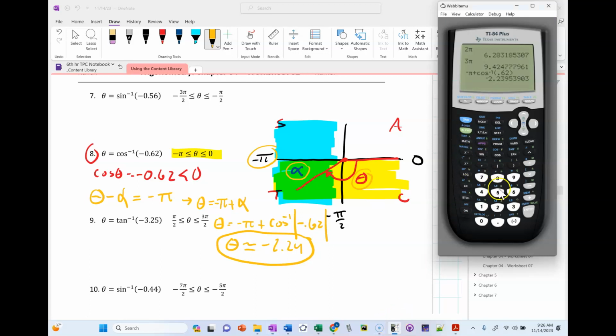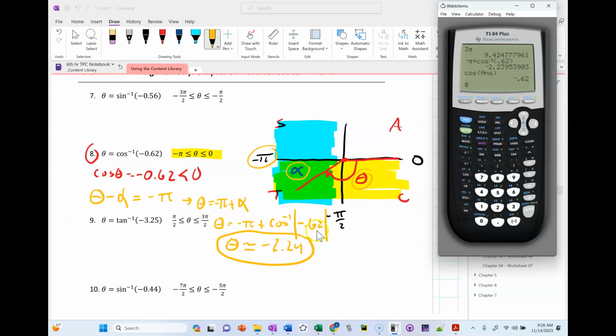Again, we can check this. If I did cosine of my answer, I get negative 0.62 as I should, and clearly negative 2.2 is between negative pi, negative 3.14, and 0. So I'm good there.